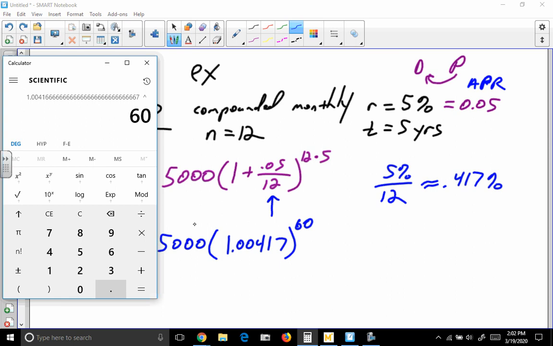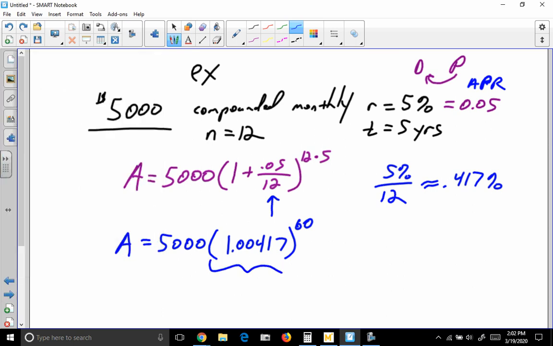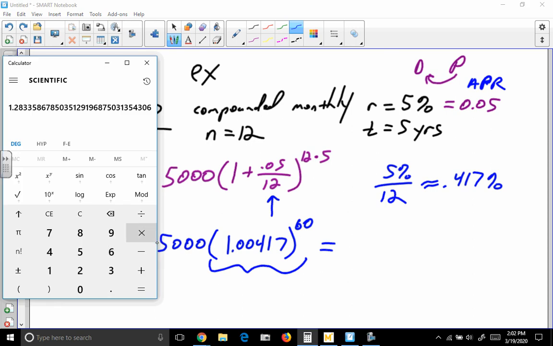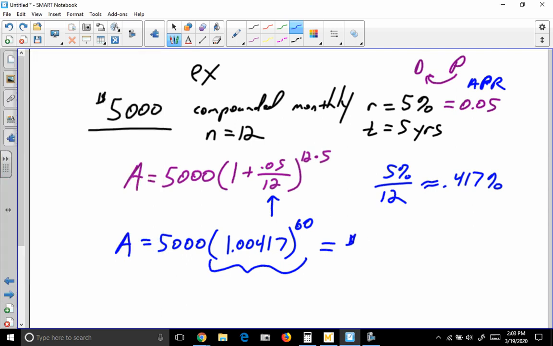Raise that to the 60th power. That's what this part makes. Then we're going to multiply that answer times 5,000. And when we do that, we get 6,416.79. So that's how much we actually have to pay back.